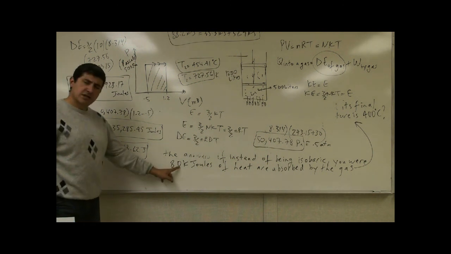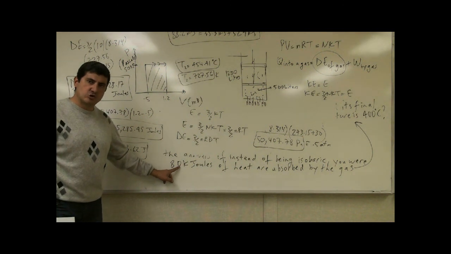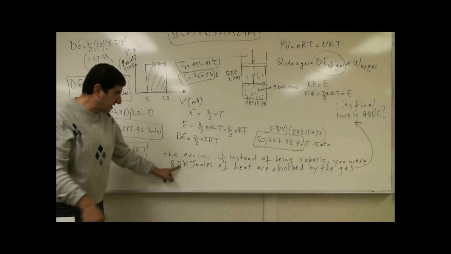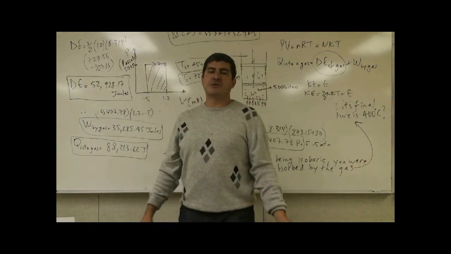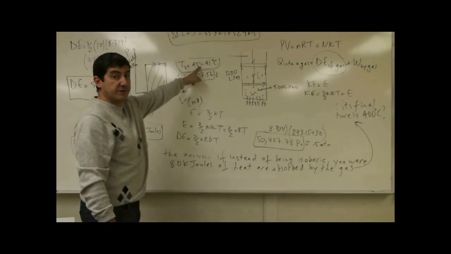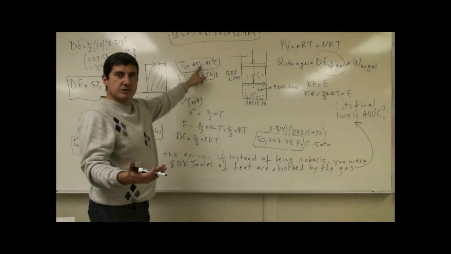This one is saying not that much heat is coming in, only 80 kilojoules. So it's stipulating that condition, less heat is coming in. And it's also stipulating what its final temperature is. It's 400 Celsius. Instead of 454 Celsius, it's not heating up as much, right?